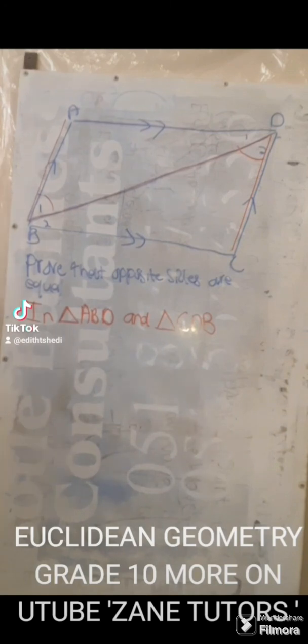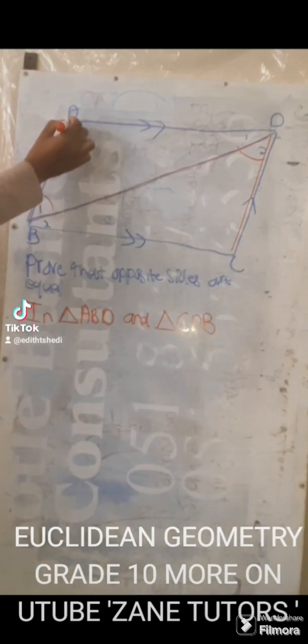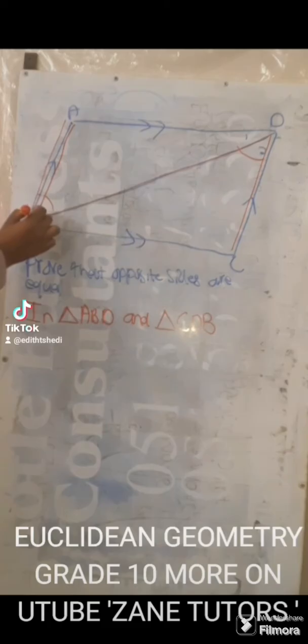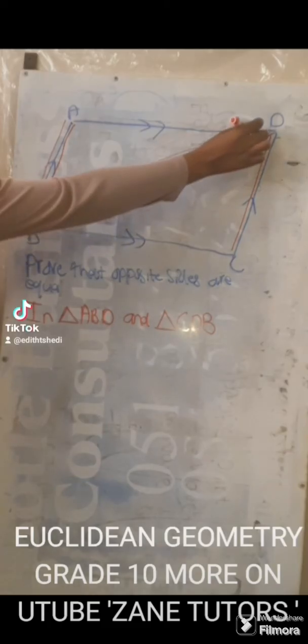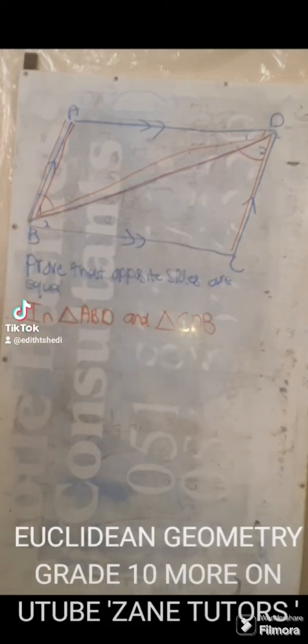And when you start from here and then you go there, you'll find that you're going to get a Z. And then what you're going to say is that D1 equals D2, right?